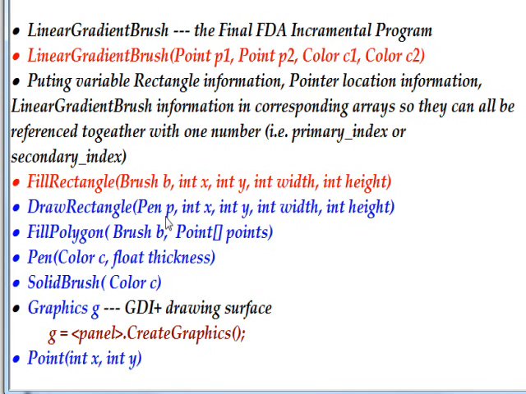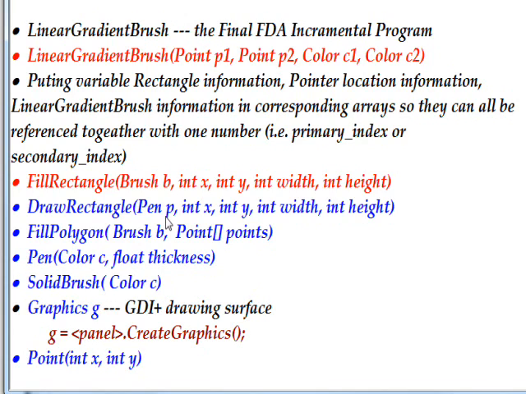And the graphics is the way we create a drawing surface. We initially created a panel, and then we created a drawing surface inside that panel. And the way we did that is we defined a graphics object called G, and then we set that equal to the panel name, and the method create graphics, the method of the panel.